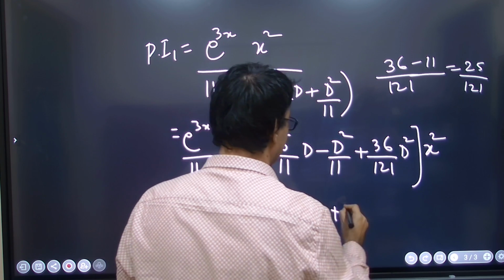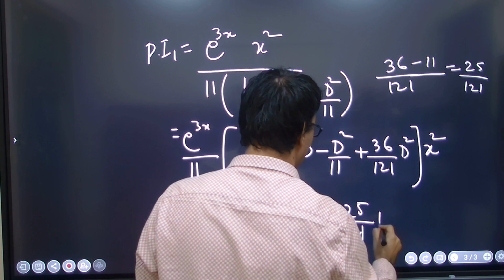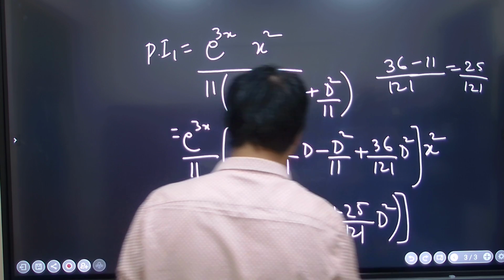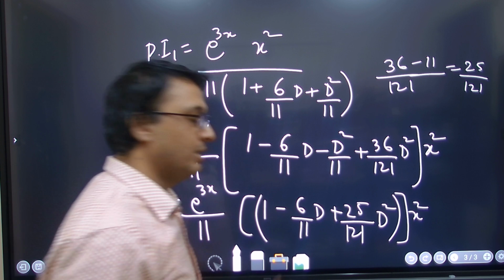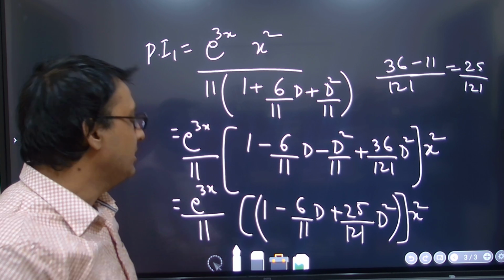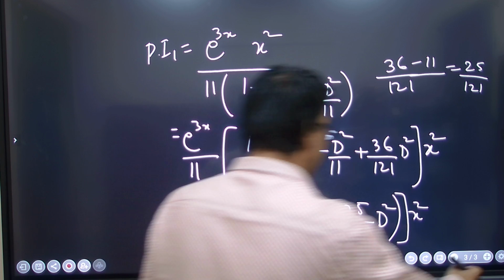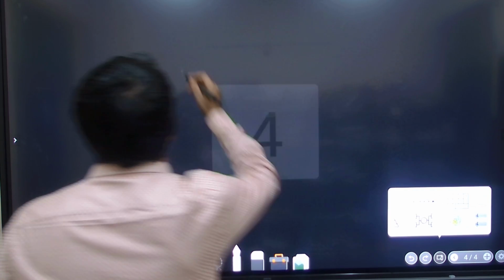So we can write this as 25 by 121 d square, and if we close this bracket here, acting on x square, this will give us our answer. Now if we move further and write on the next page, let us copy what is here.